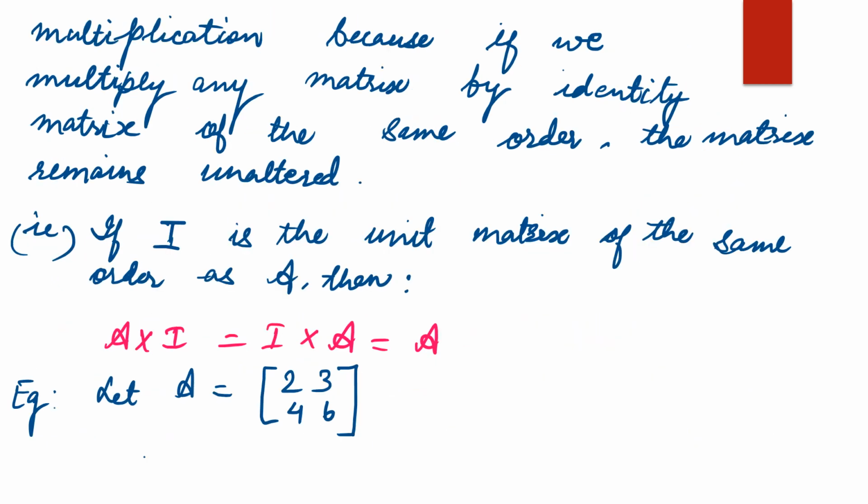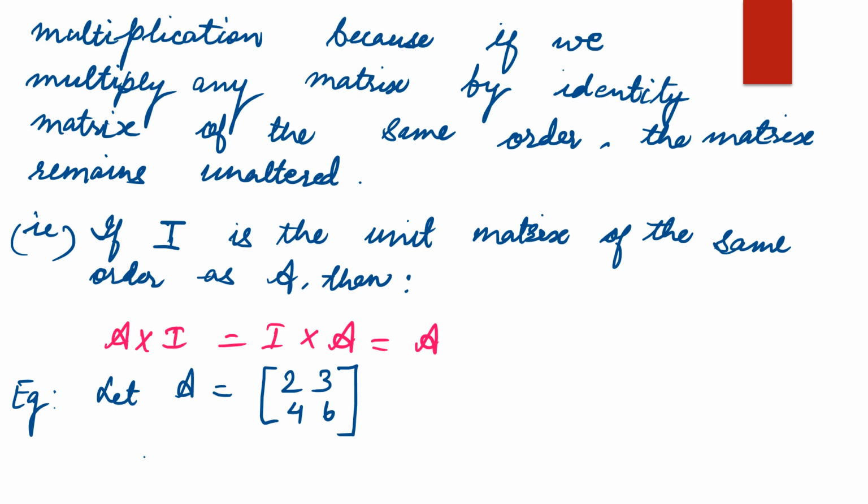If we use any unit matrix or identity matrix to multiply to a matrix, then the matrix remains unaltered. That is, if I is the unit matrix of the same order as A, then A into I is equal to I into A is equal to A.